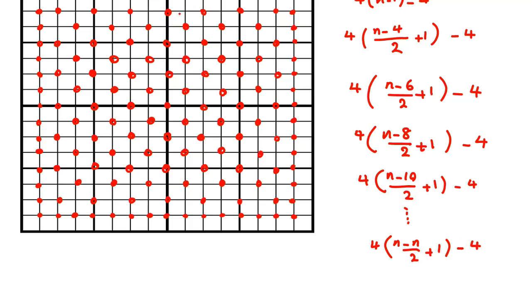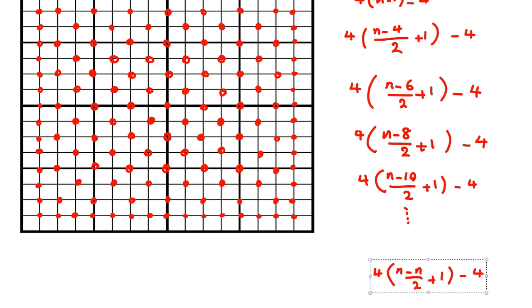Okay, so let's add all these things. Look here. The previous of these is 4 times n minus 1 over 2 plus 1 minus 4. And here, if we calculate, it is n minus even numbers.